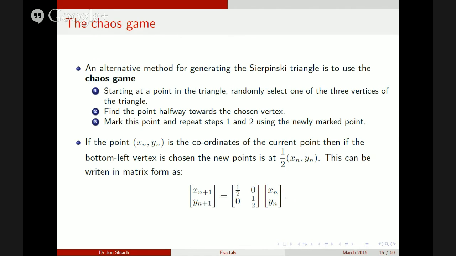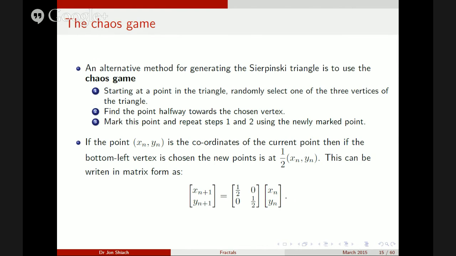So you start at a point somewhere on your Sierpinski triangle; I normally start at one of the 3 corners. What we do is randomly select one of the 3 vertices of the triangle.